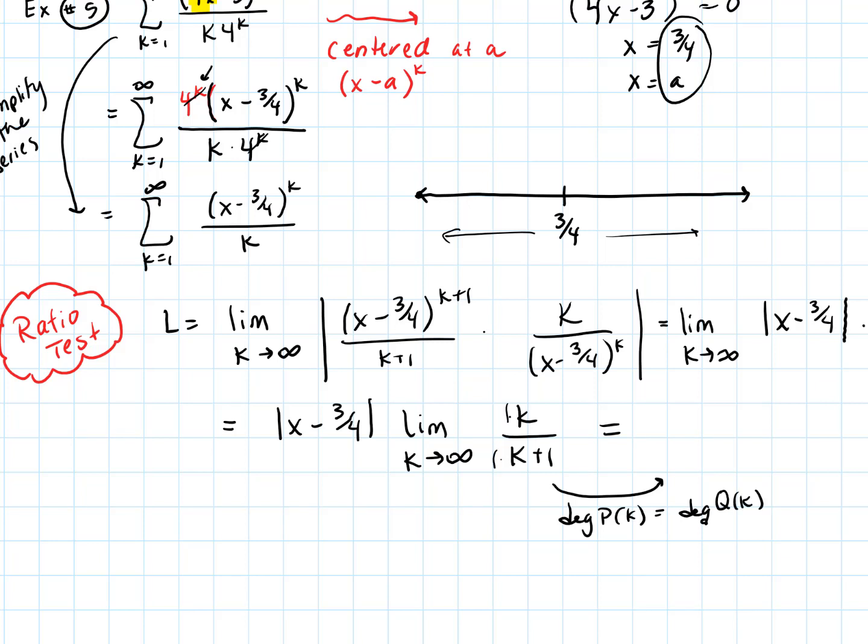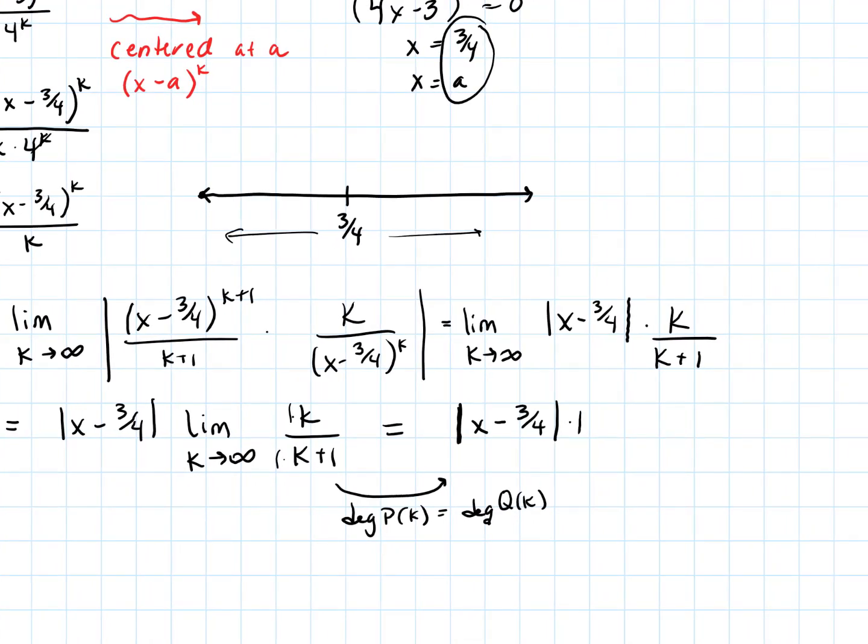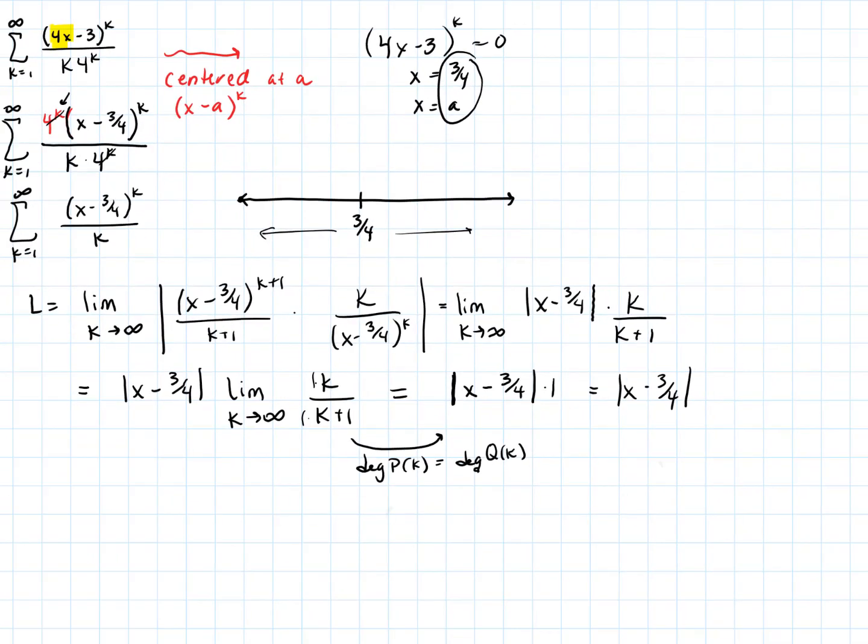Those two have the same degree, so it's just the two lead coefficients. So this ends up being just x minus 3/4. Technically, we are multiplied by 1. So then we've got x minus 3/4 in absolute value. That's what my limit is equal to.